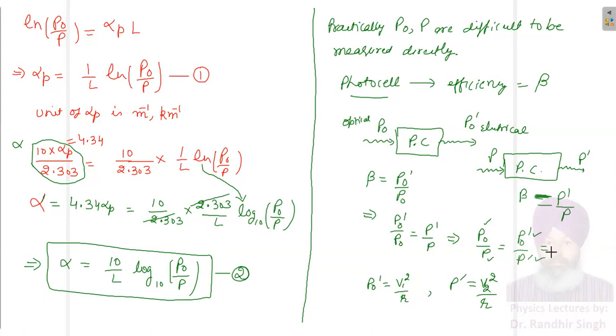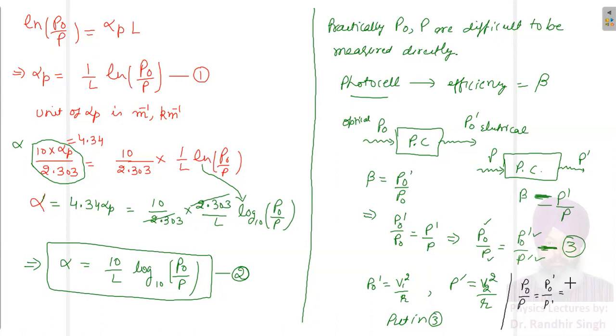Let us say this is equation number 3. Put these values in 3, let us see what we shall get. Let me change the color again, let it be black. Therefore I will get P0 upon P equal to P0 dash upon P dash.